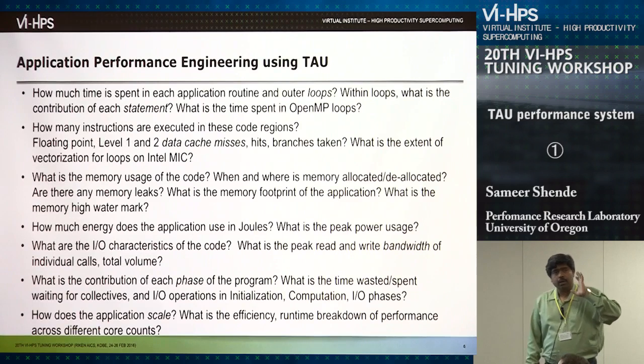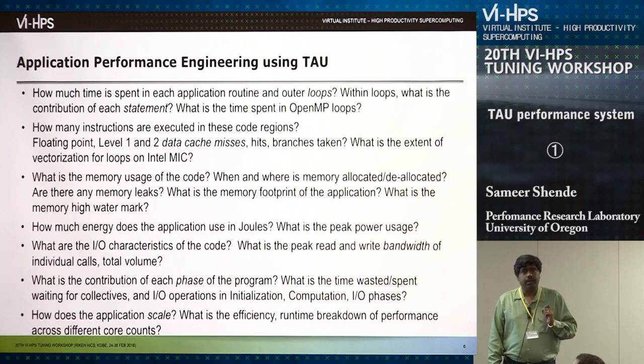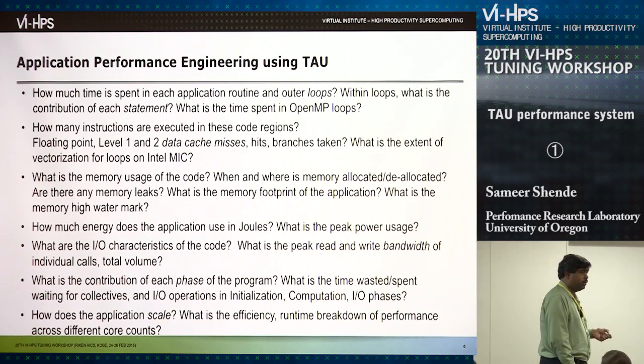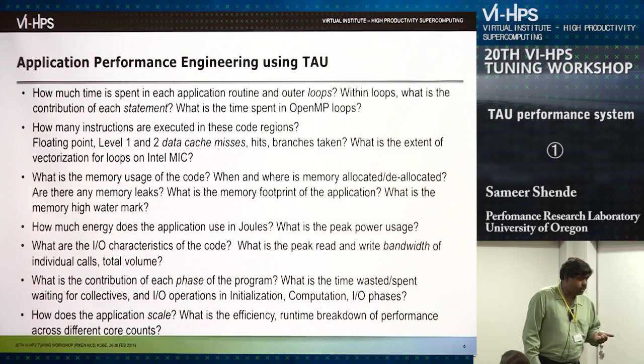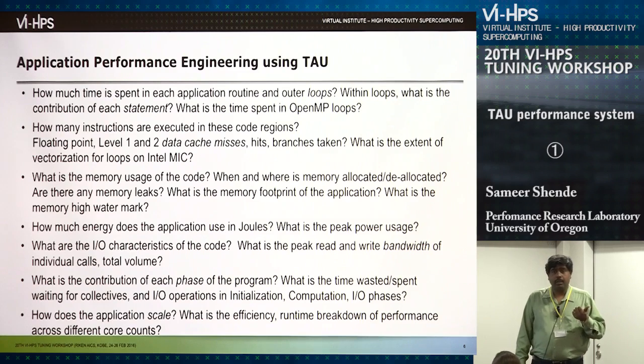But probably you're wondering, what is it that Tau can tell me about my code? What kind of questions can we answer with Tau? The first question is, how much time is spent in my application? In which code regions? At the routine and the outer level loops.